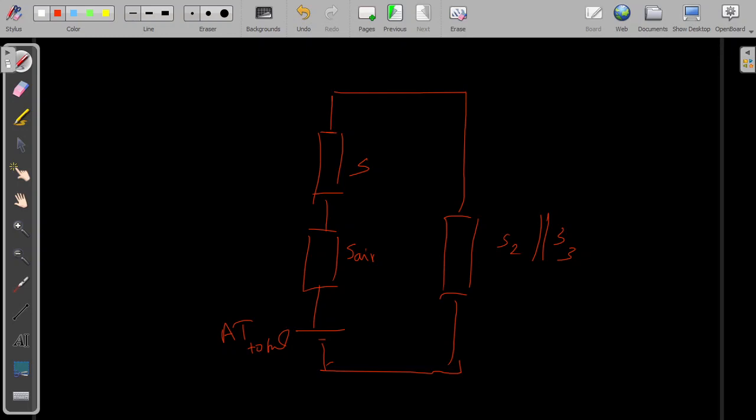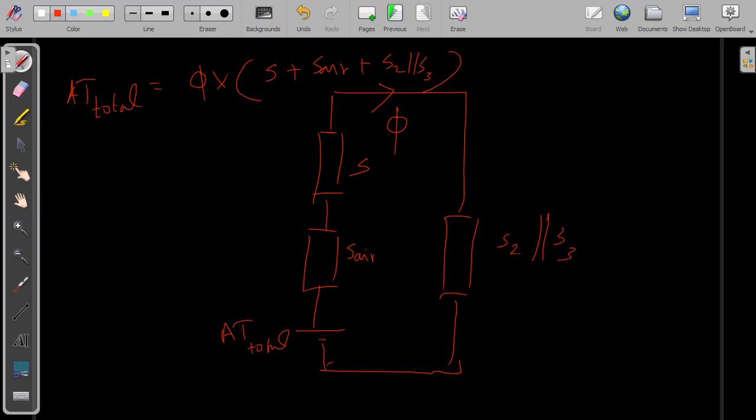Then AT total will be equal to phi into S plus S air plus S2 parallel with S3.